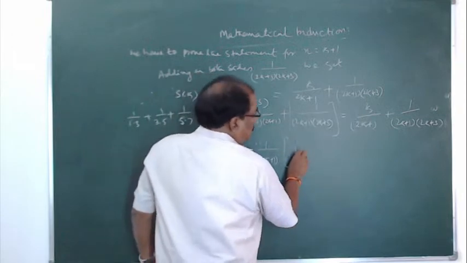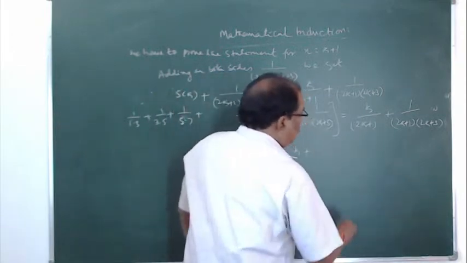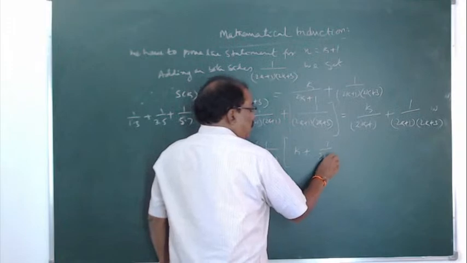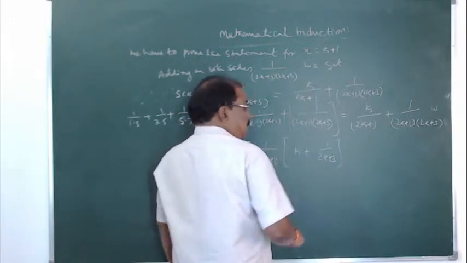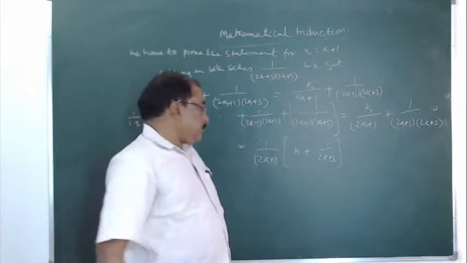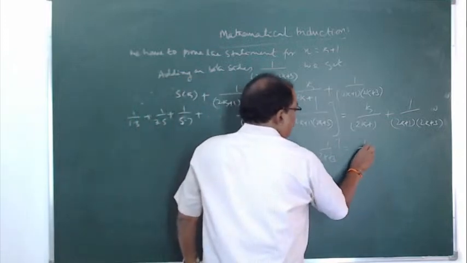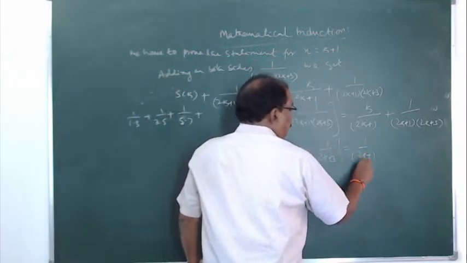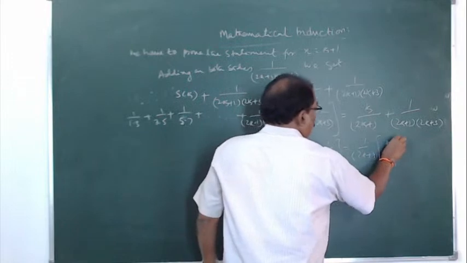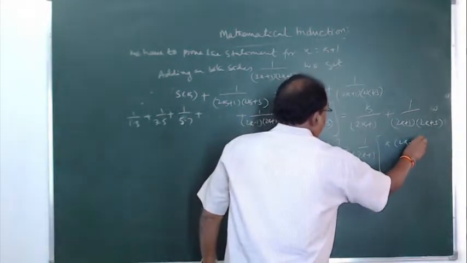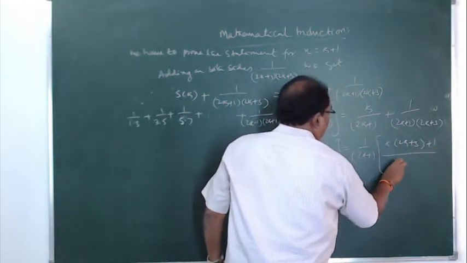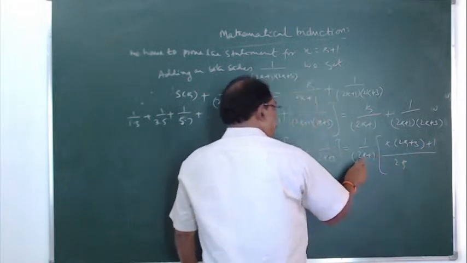You get k plus 1 by (2k plus 3), that is, k into (2k plus 3) plus 1 by (2k plus 3).